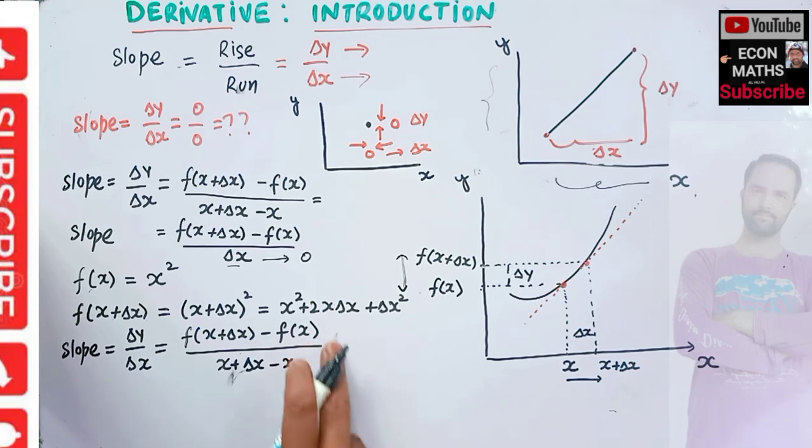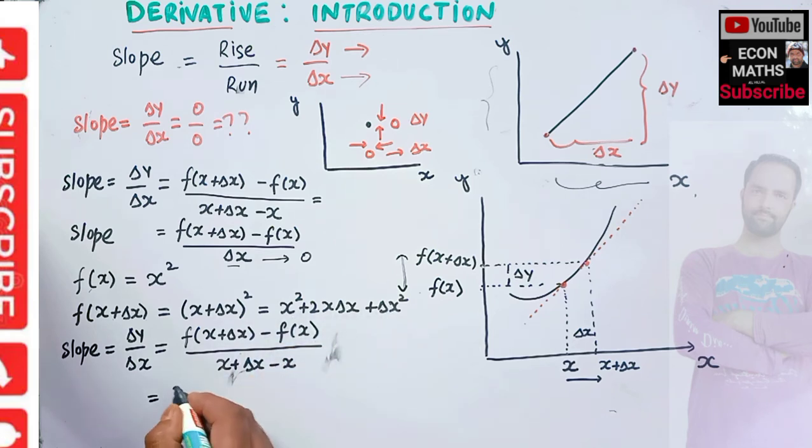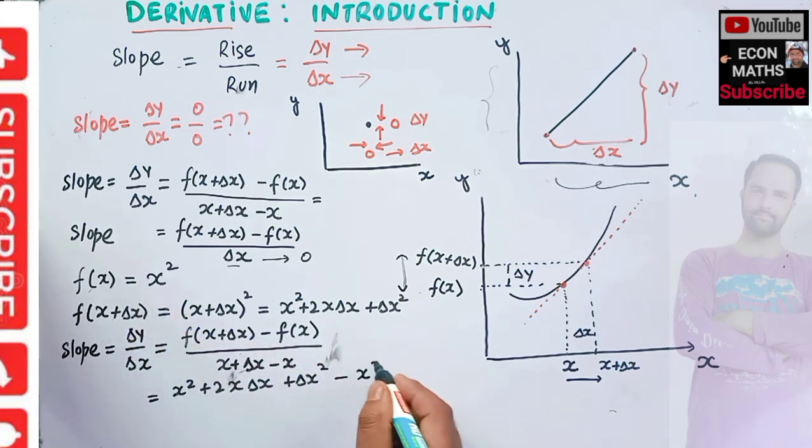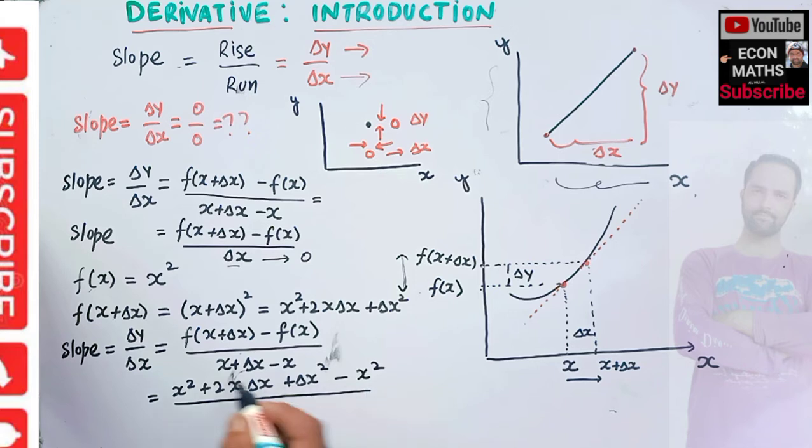Now what is f of x plus del x? It came out to be this very function, that is x square plus 2x del x plus del x square. From this we subtract the original function, that is x square, and divide by this. So x and x get cancelled, and we get del x.